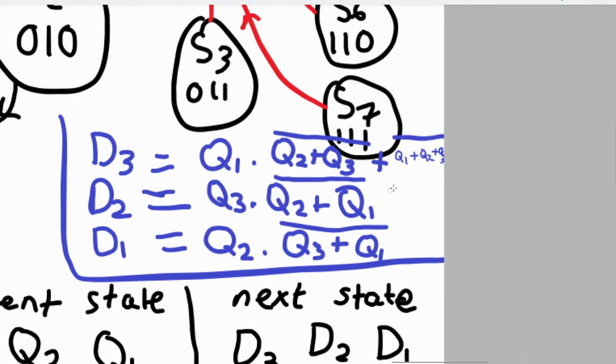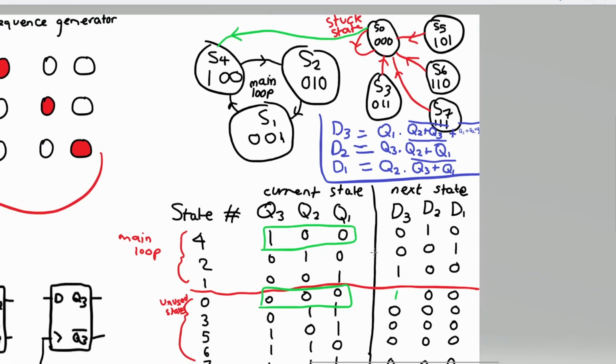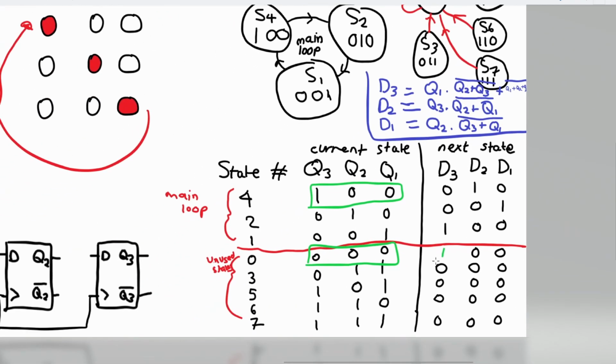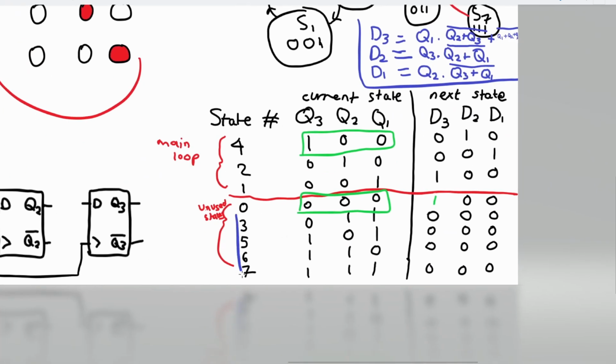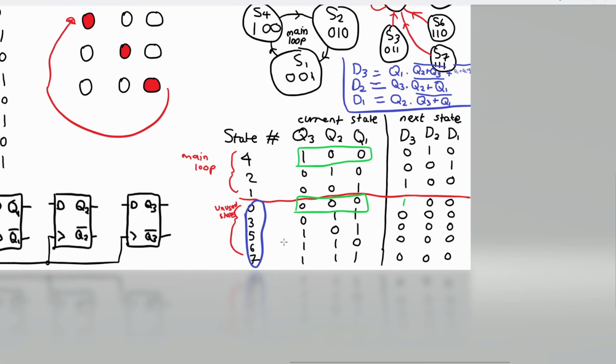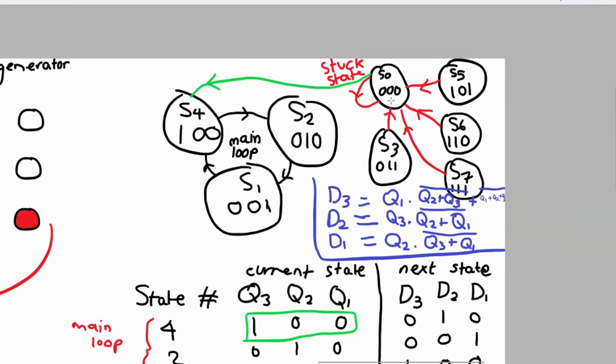So now we've got that, we can draw the circuit, because this means that if it starts up in any of these states, they're all going to go to 0 first, and then 0 will go to 4. State 0 will go to 4, like in this diagram here.